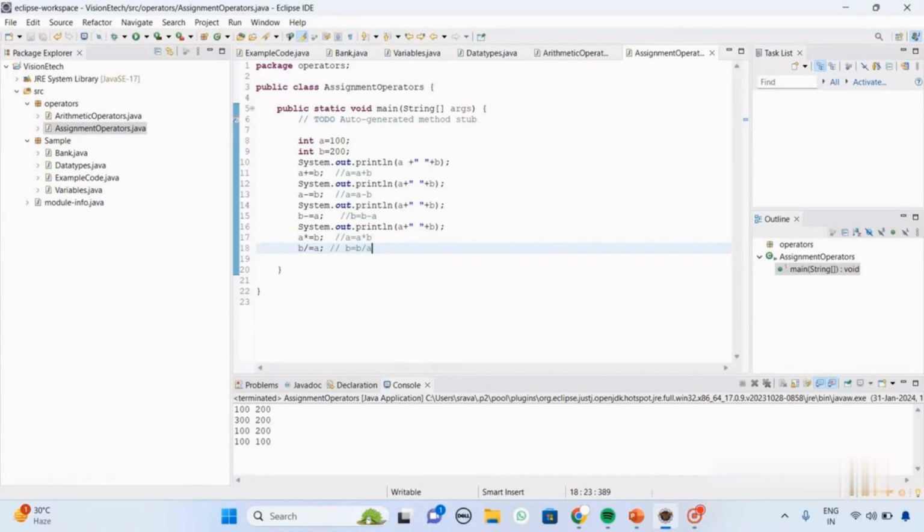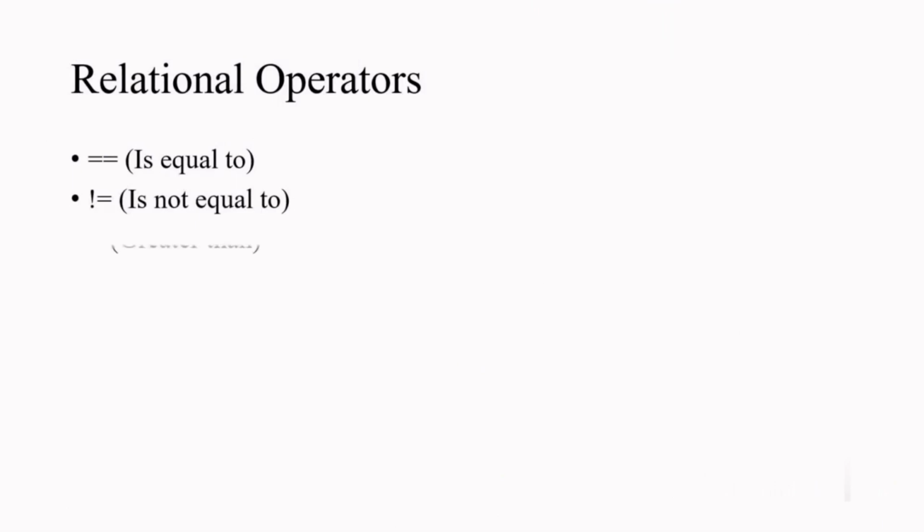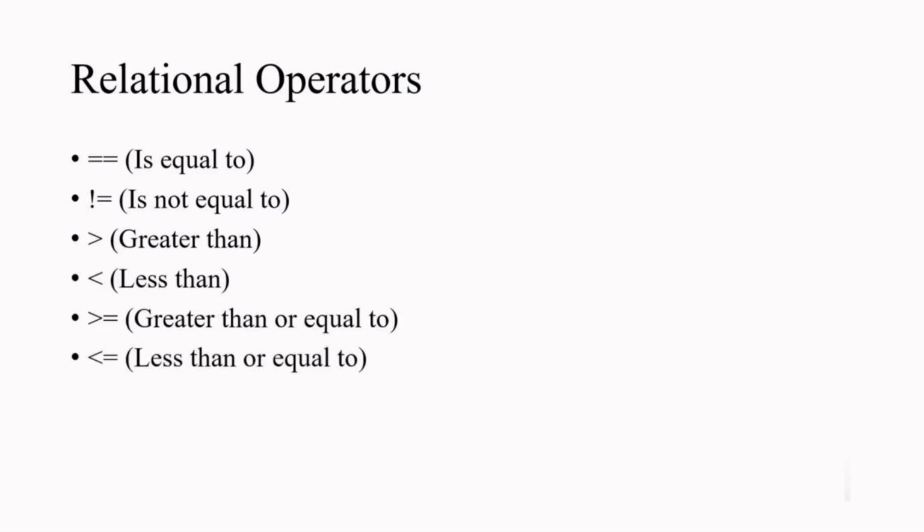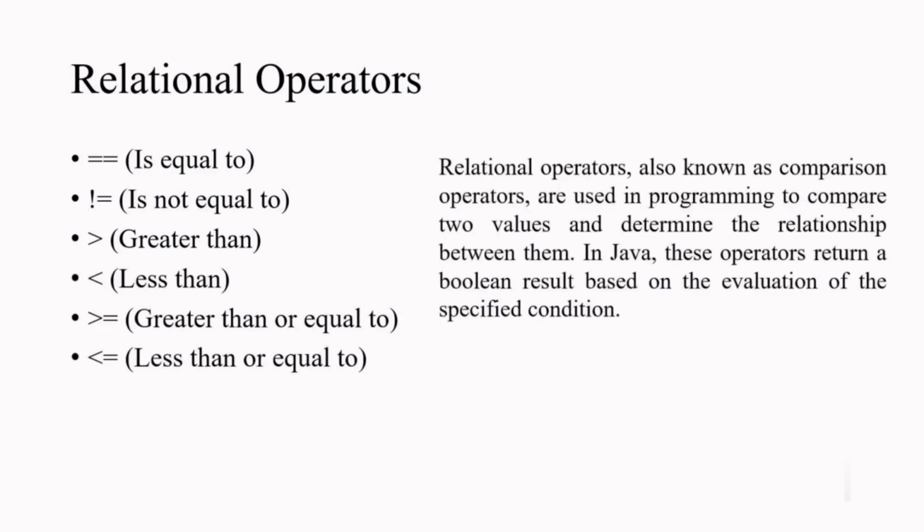Now these are relational operators. See here: is equals to, not equal to, greater than, less than, greater than or equals to, and less than or equals to. These are nothing but relational operators. It is also known as comparison operators, means we can compare each and every value here. It will return the Boolean value. Boolean value is nothing but true or false.